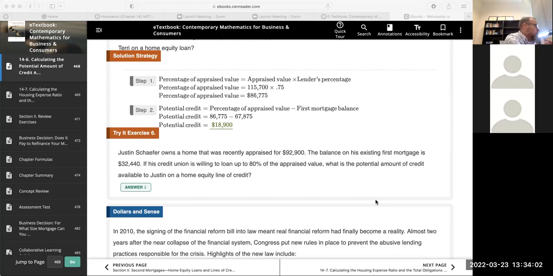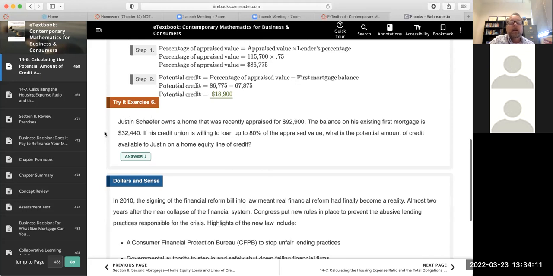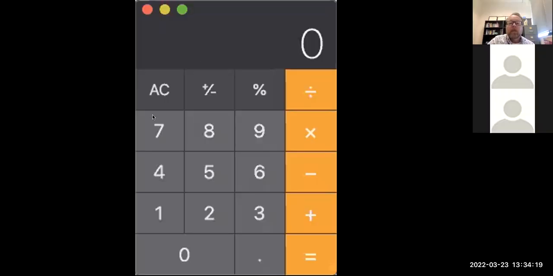That means that they'll let him borrow up to $74,320, but he owes $32,440. I'm going to stop sharing my screen because I'm going to share my calculator. So $74,320, that's how much he could borrow.